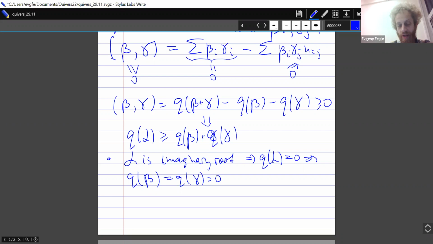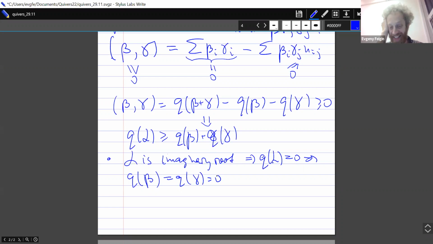You remember we had a lemma claiming that there is only one vector up to a constant such that Q of this vector is 0. So I'm claiming it's a contradiction, but can you explain why?